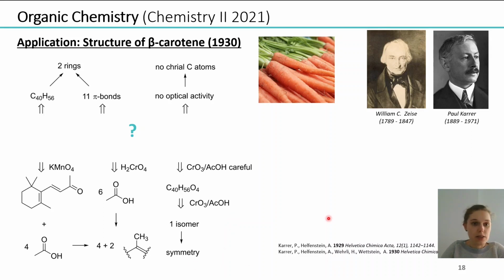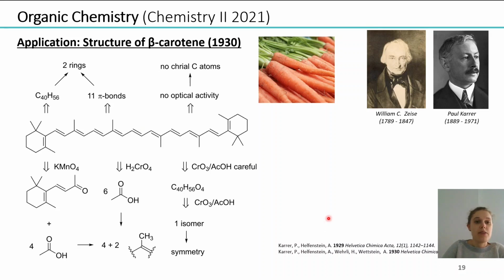Based on all these experiments, they figured out that this unknown molecule looks like this. And what you can see is that Paul Karrer was right. There are 6 methyl groups directly connected to a double bond. We can count 1, 2, 3, 4, 5, 6. And you can also see that there is a nice symmetry plane in the middle of this molecule.